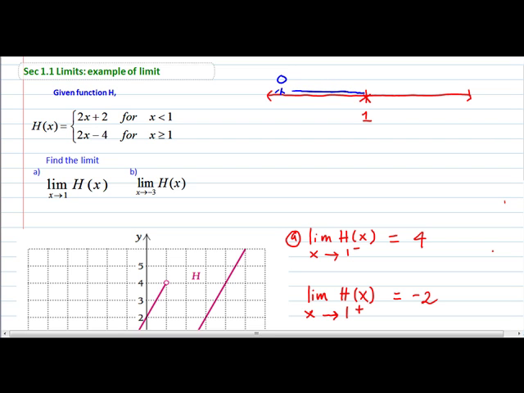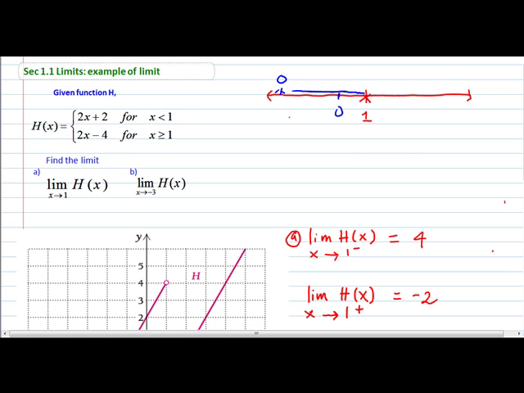Now when I walk very close to 1, I stop somewhere around here, like 0.99. Now 0.99 is less than 1.